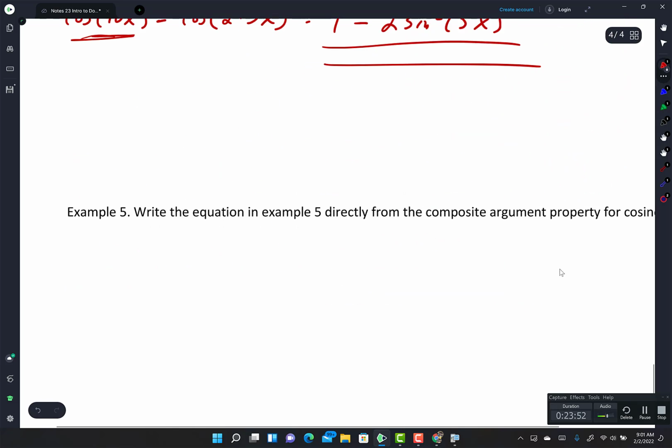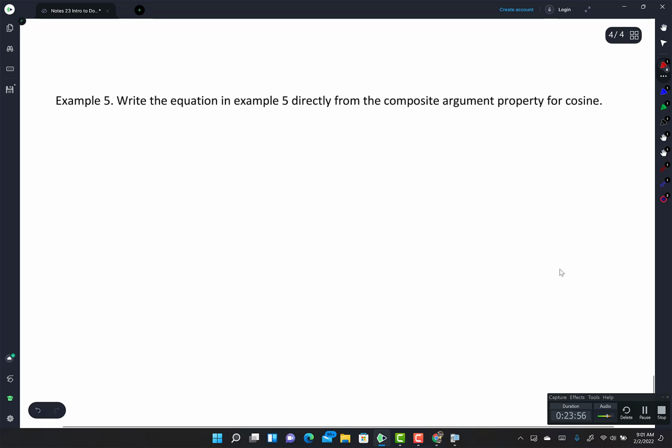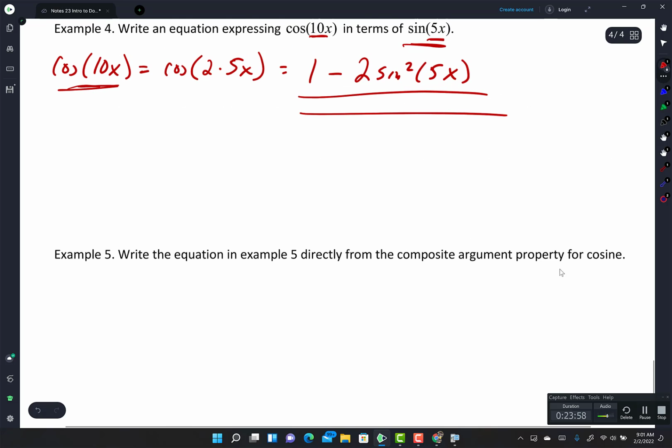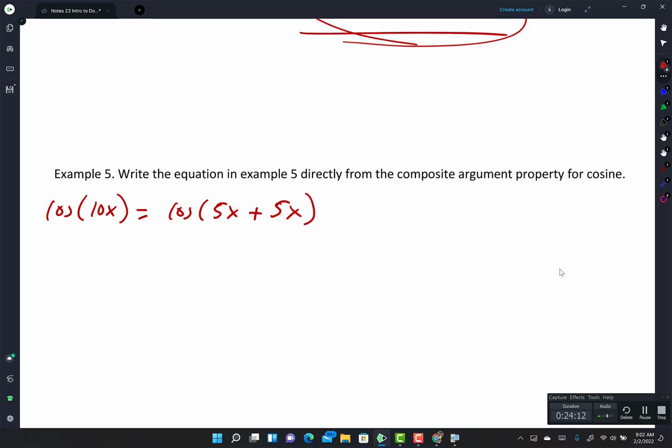All right, here we go on the next one. Write the equation from example 5 directly from the composite argument property for cosine. So that means I want to get to this, but do it from scratch. Cosine 10x is the same thing as saying cosine of 5x plus 5x, is it not? And hopefully you can already see what I'm doing. That 5x is like A, and the other 5x is like B, and I'm going to expand the cosine argument.